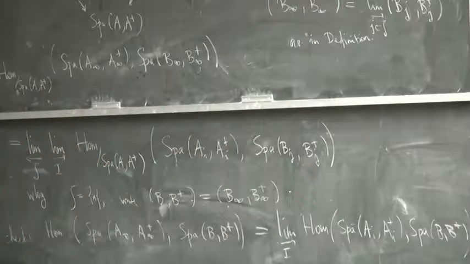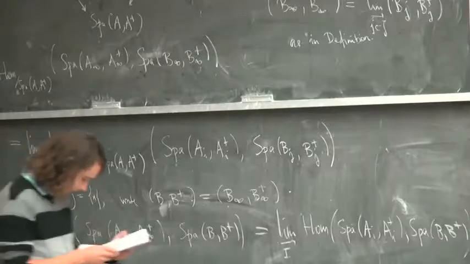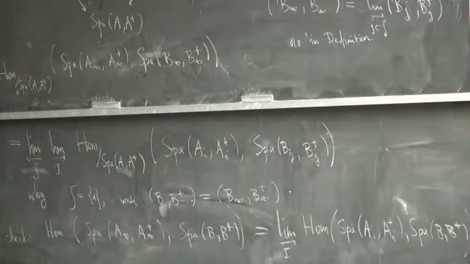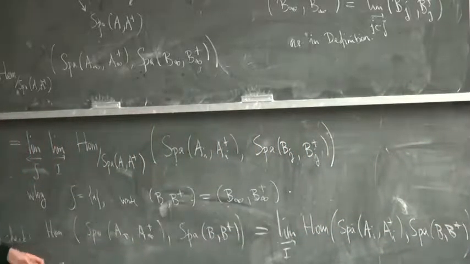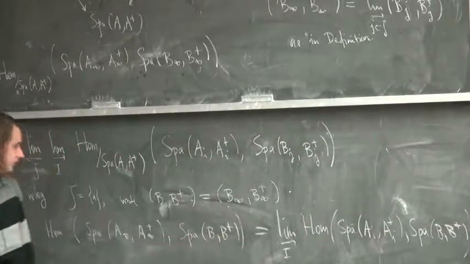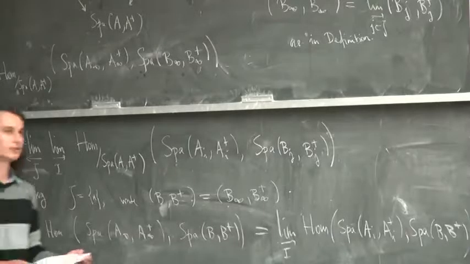Of the homomorphisms at finite level. So in other words, Spa B, B plus is supposed to be some kind of locally finitely presented functor.